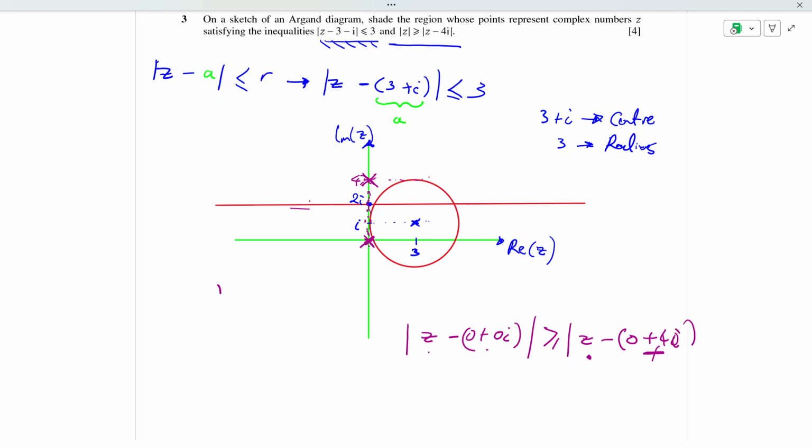Okay, so for example, let's say I pick this point here in the diagram. The distance from point 0, 0 has to be greater than the distance from point 0, 4I.